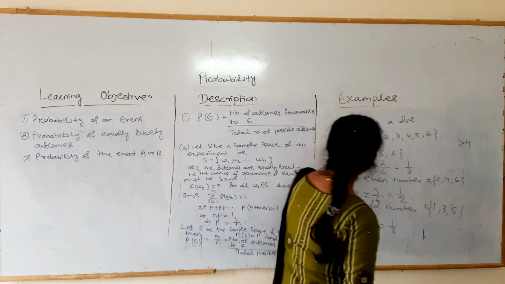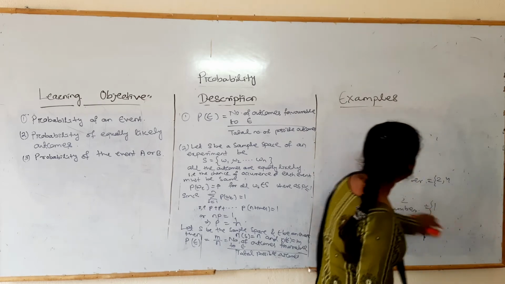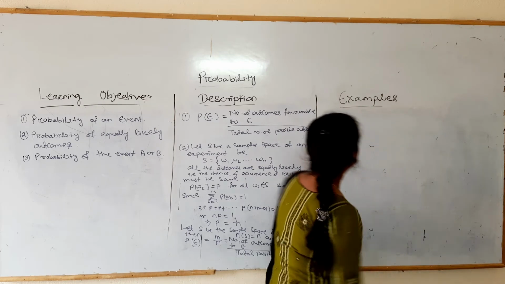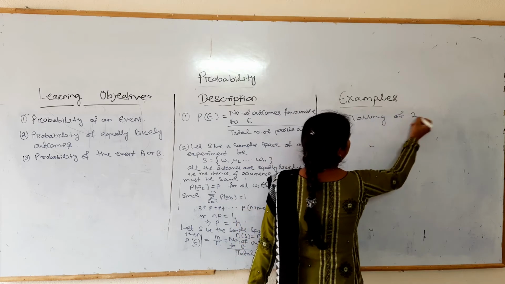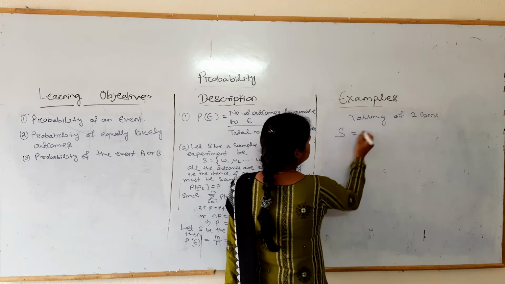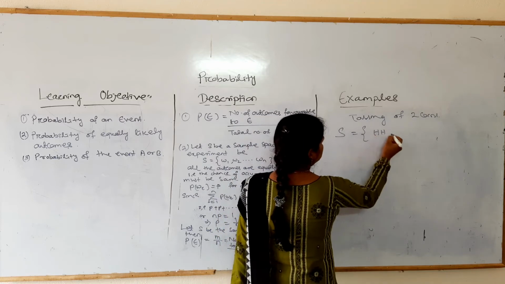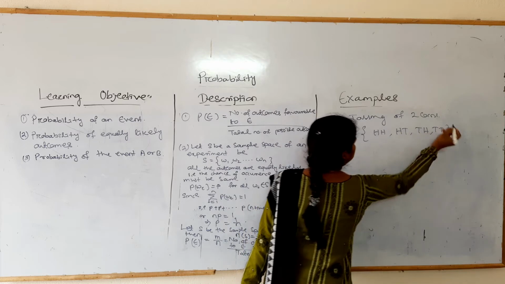Suppose we take another example, tossing of 2 coins. Okay. So the sample space is equal to HH, HT, TH and TT.